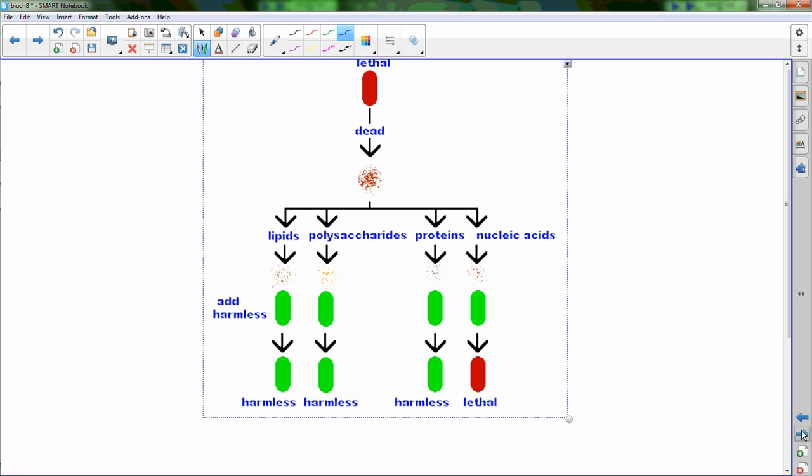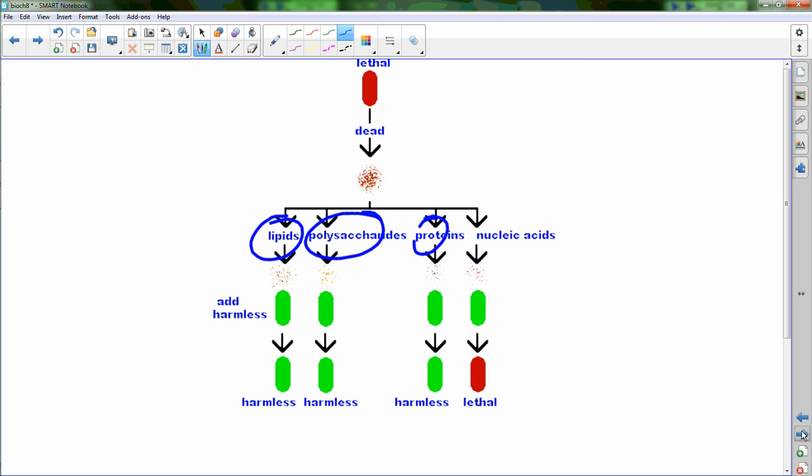So he basically did the same experiment that Griffith did, but instead of taking the whole dead cell and putting it in with the living bacteria cells, he just put parts of the cell. And what he found is when he did it with lipids, sugars, polysaccharide is another name for a sugar, and proteins, nothing happened. So he realized, well, those can't be the things that are actually making the cells kill the mice.